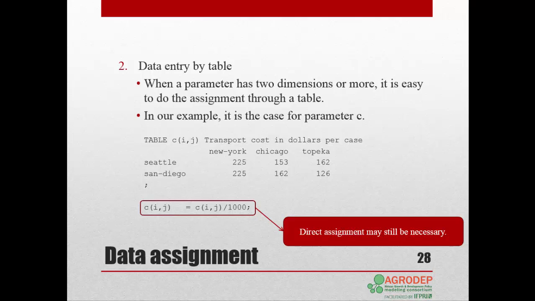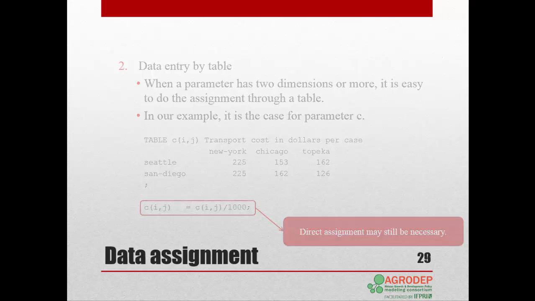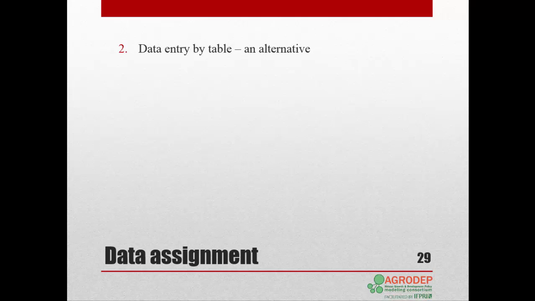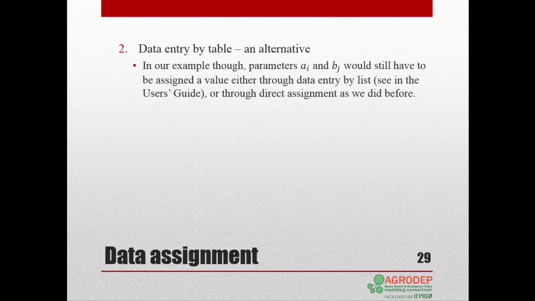Calculation can be done at the table level for all the elements at once, if need be, by direct assignment. At this time, we pass rapidly over arithmetic operations. They will be covered in more detail later. In our example, parameters Ai and Bj must still be assigned values.